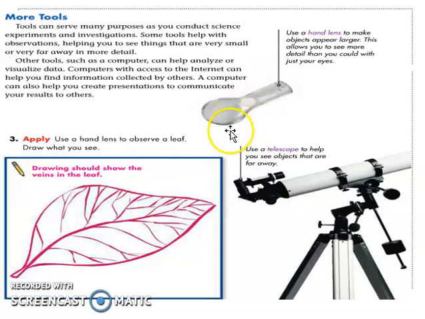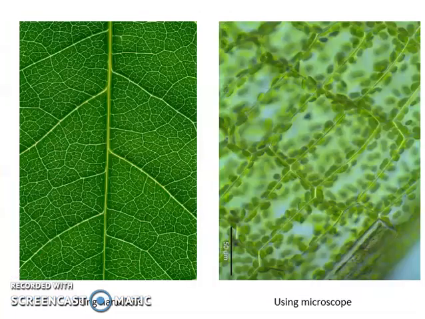When you use a hand lens, you can see the leaf like this one. But didn't you know you can still make it bigger? This vein and these tiny parts of the leaf, you can see bigger and larger when you use a microscope.